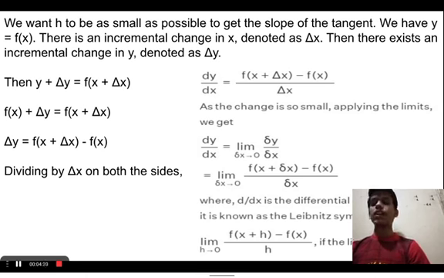So if we divide both sides of this equation by delta x, we get dy by dx equals f of x plus delta x minus f of x by del x.